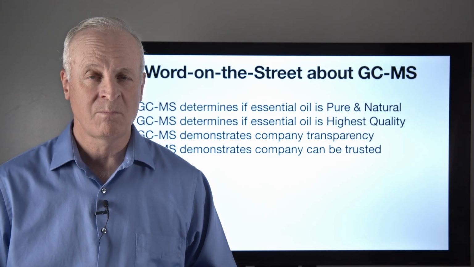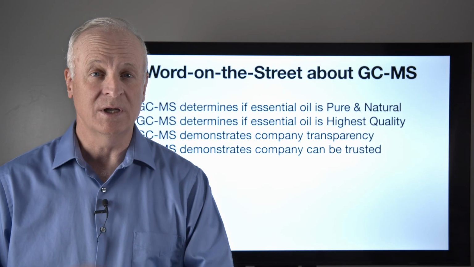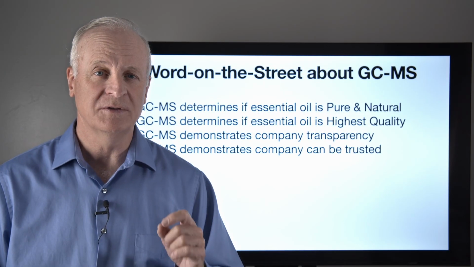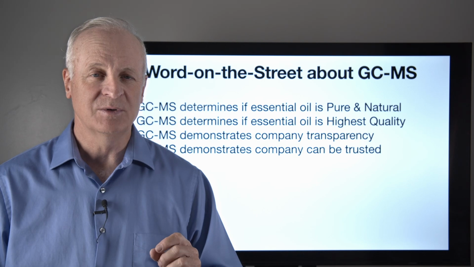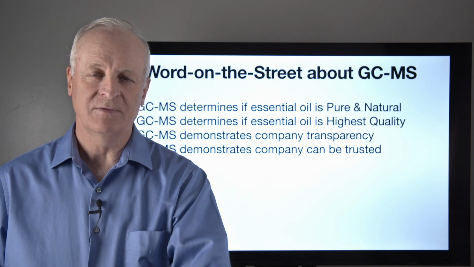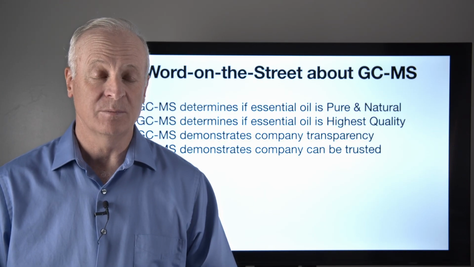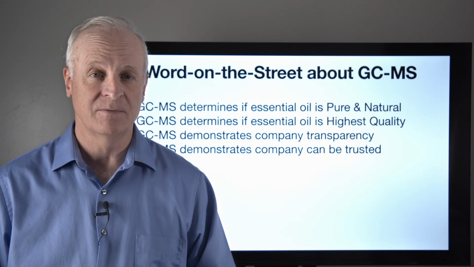Third, GCMS demonstrates that a company is transparent. I would agree. It helps to show that the company is being able to say, here's the results we have, and we're giving them to you to look at. Well, that's transparency, but all by itself, that's not enough.